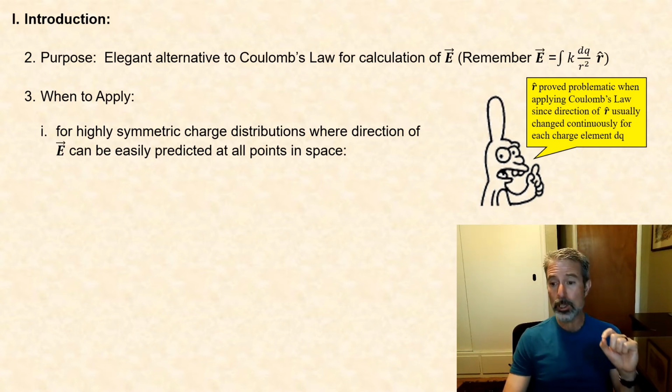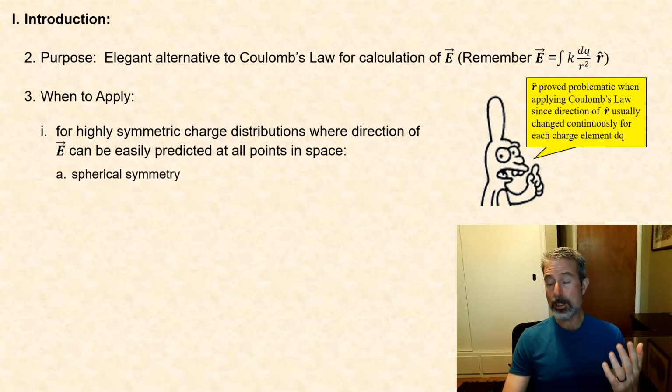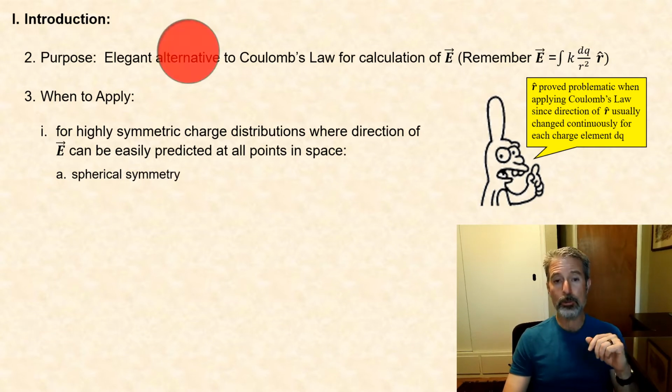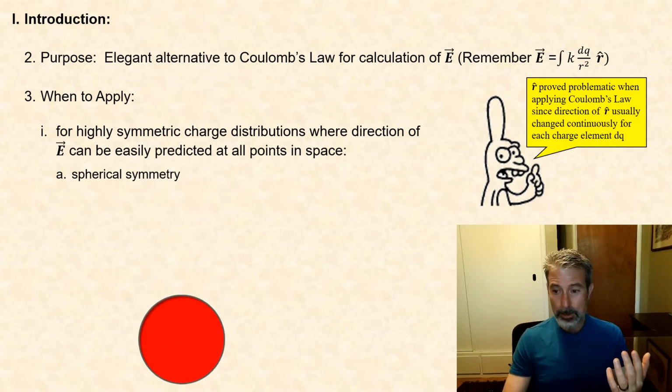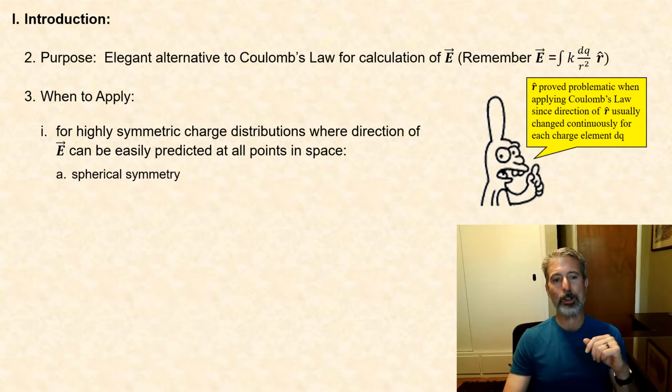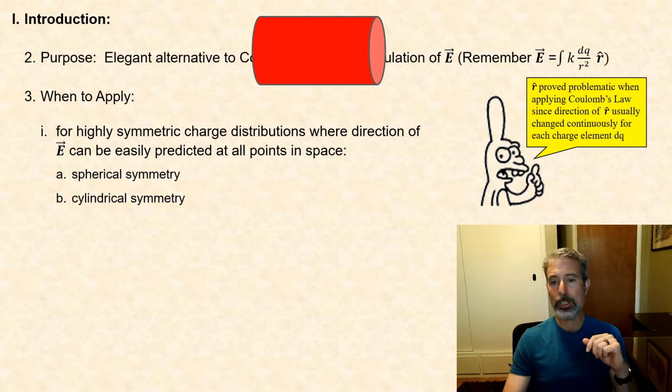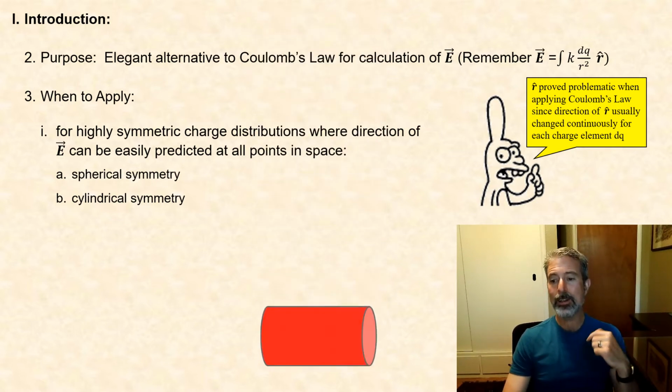It turns out there really are only three types of charge distributions that possess sufficient symmetry to where Gauss's law is useful. So let's state what these are. The first is a charge distribution with spherical symmetry. When that applies, use Gauss's law. The second case is for a charge distribution with cylindrical symmetry. So we're talking about a right circular cylinder.